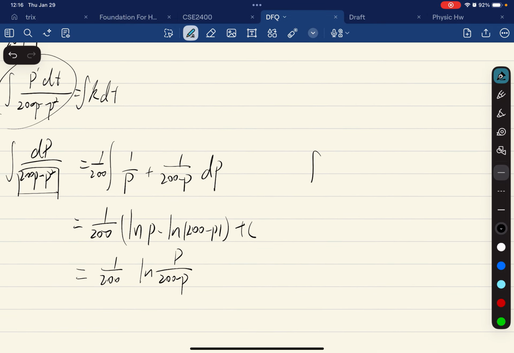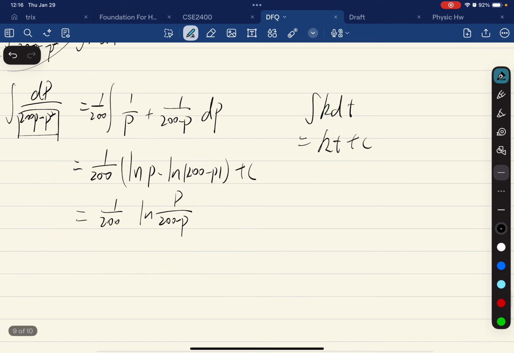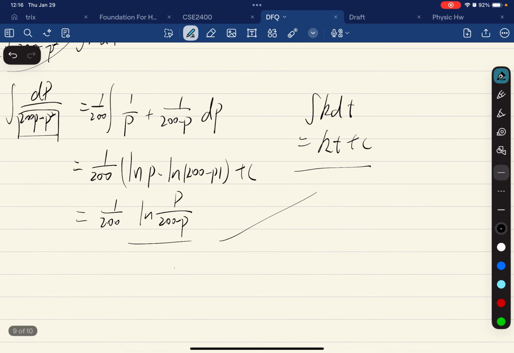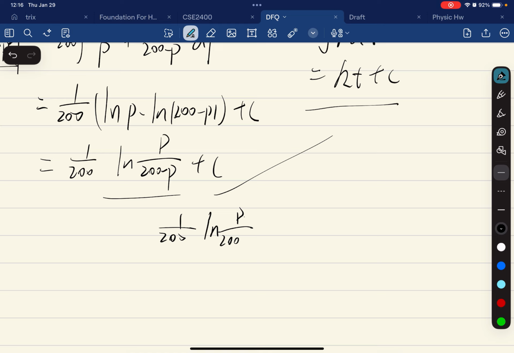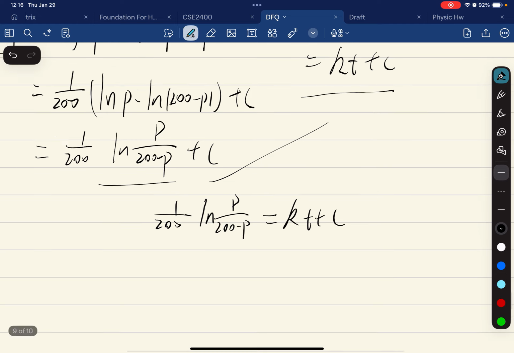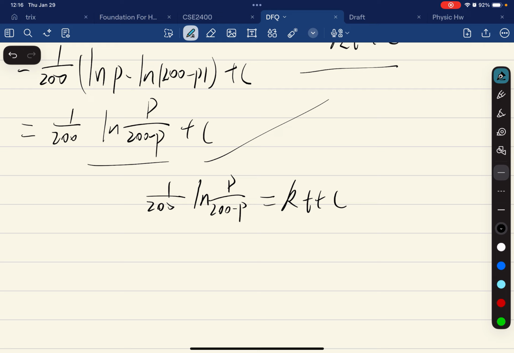For the right hand side, it is quite simple, which is directly equal to kt plus C. Then we can combine these two equations together. It will become 1 over 200 times ln of P over (200 minus P), which is equal to kt plus C. We can combine the coefficients together here. First I will multiply 200 to the right hand side.